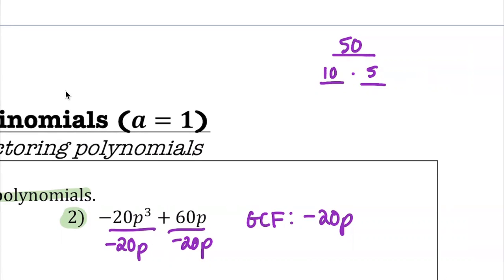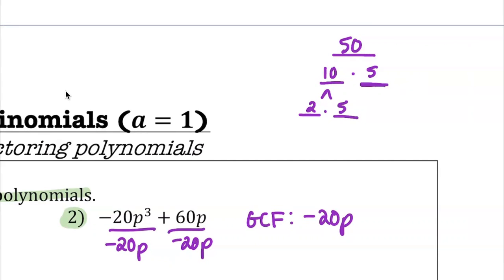So for example, if we pick any two factors, let's say we choose 10 times 5. Now this example here, if I just said factor, technically we're in a really good spot right now. But if we say factor the polynomials completely, this wouldn't be considered completely factored. Because something that's completely factored means we break down not just the number itself into its factors, but we want to break up the factors as far as they can go. So for example, if I look at 10, there are two smaller numbers that go into 10 that aren't 1 and 10. 10 we can break up into 2 times 5.